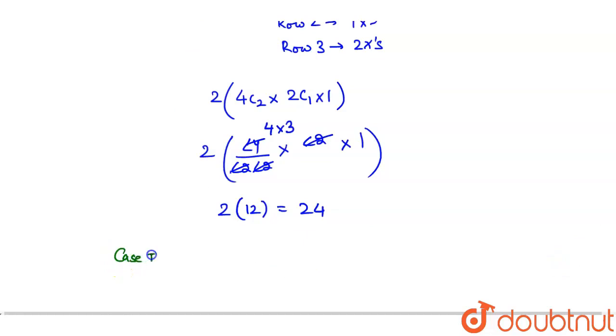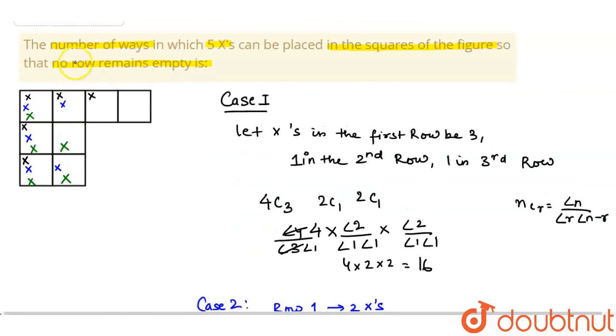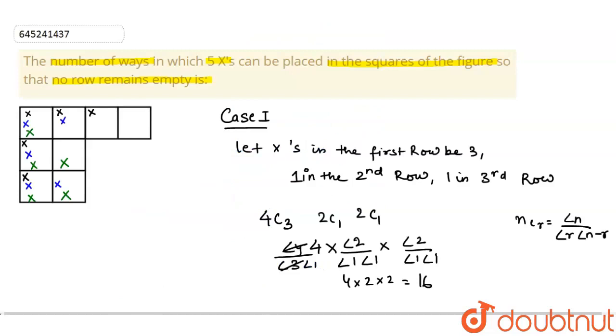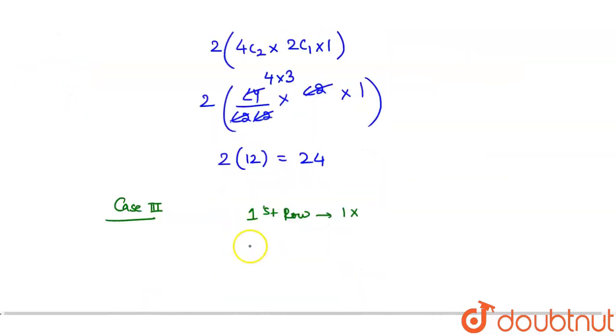So my case 3 suggests, as I marked with the yellow marker, in the first row I have used 1 x. In the second row I have used 2 x's, and in the third row I have also used 2 x's.